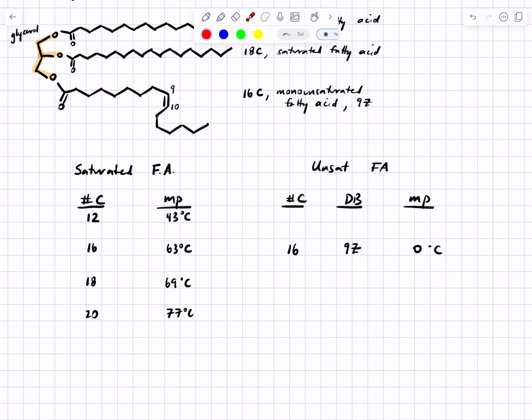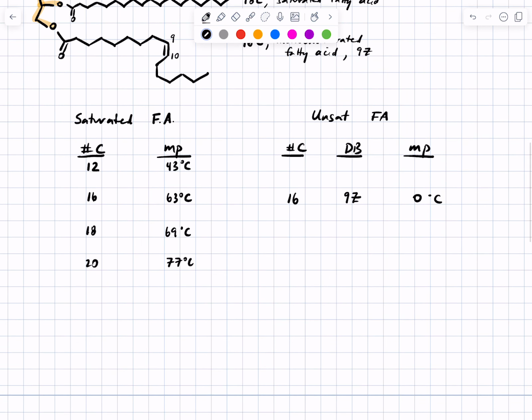That decreases the strength of the van der Waals interactions between individual hydrocarbon chains. That means you don't have to add as much heat or increase the temperature as much to disrupt those weaker van der Waals interactions. And so the molecule goes from solid to liquid at a much lower temperature. And this is a fairly dramatic effect.